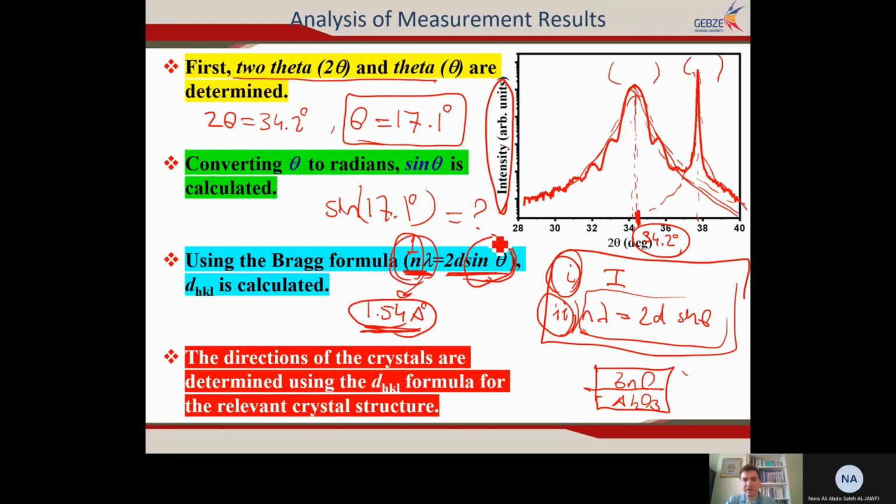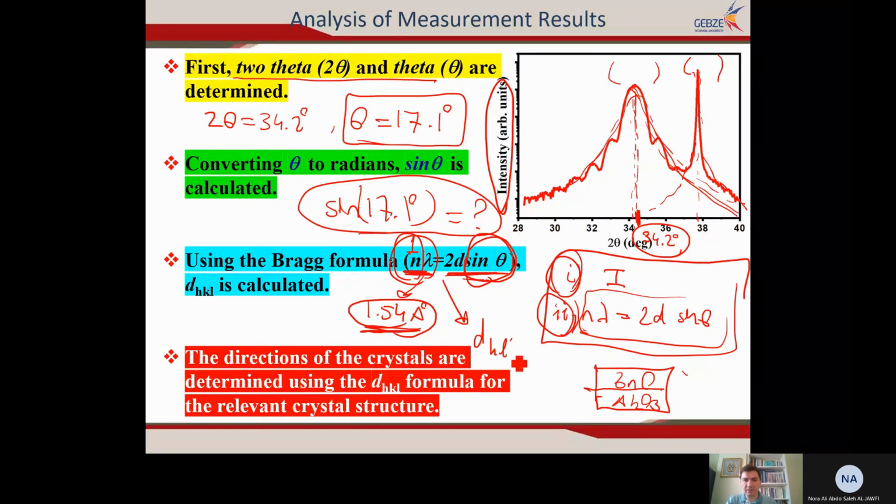And on the right side, there is sine theta, which you have calculated from the position of the peak. Then put the sine theta here. From this expression, you can get the hkl and calculate the interplanar distance.